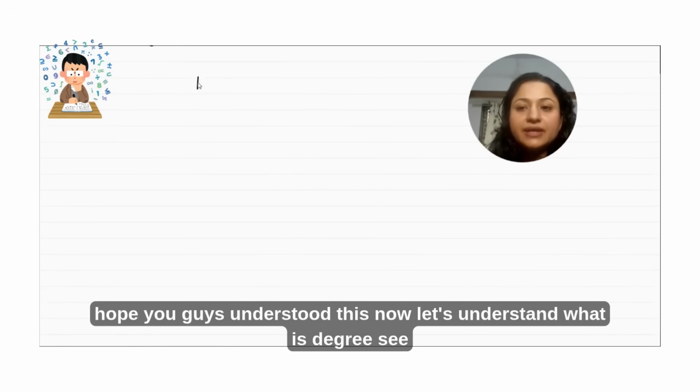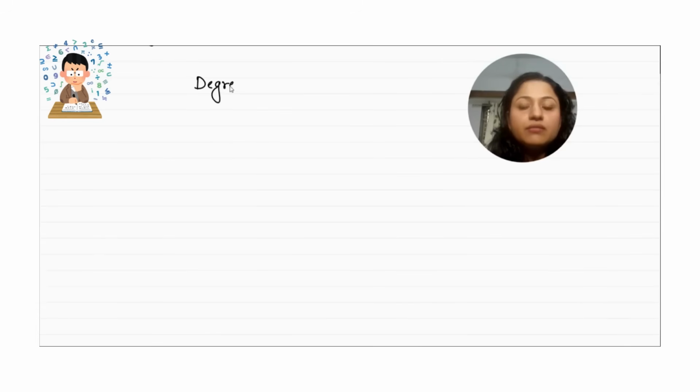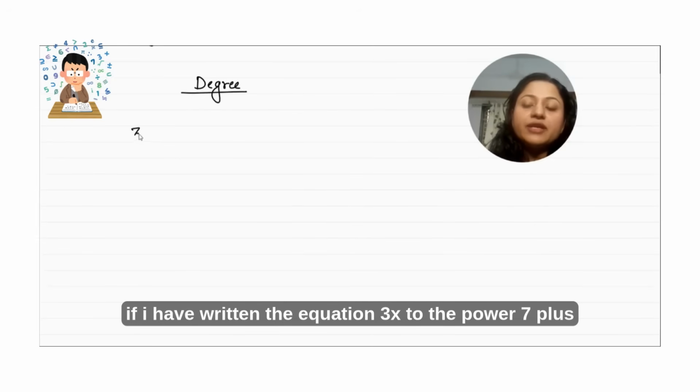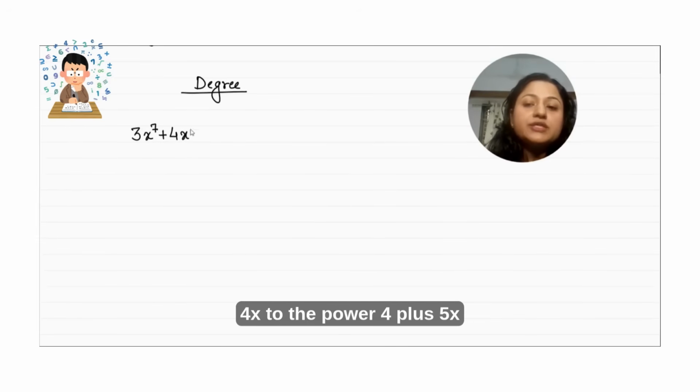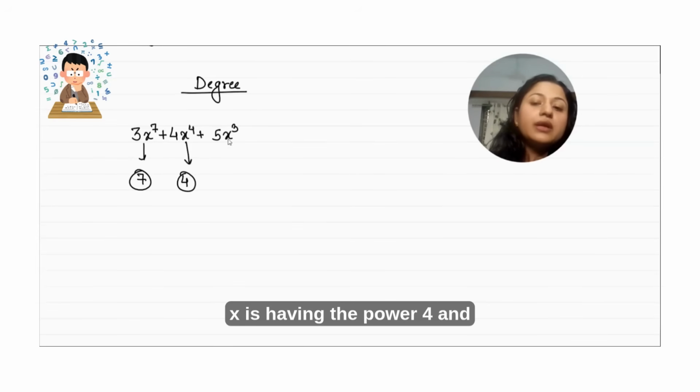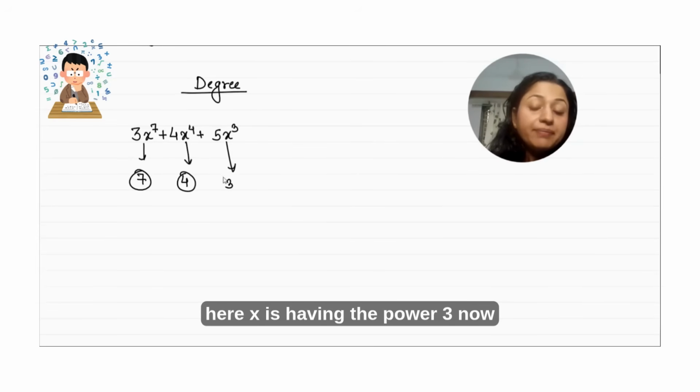Now let's understand what is degree. See, if I have written the equation 3x to the power 7 plus 4x to the power 4 plus 5x to the power 3. Here x has the power 7, here x has the power 4, and here x has the power 3.